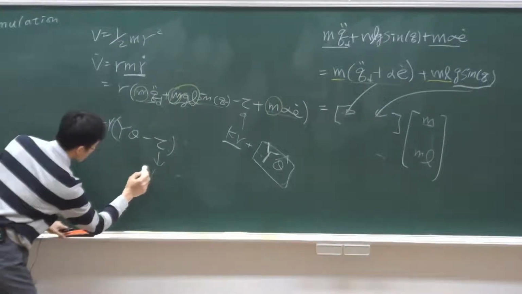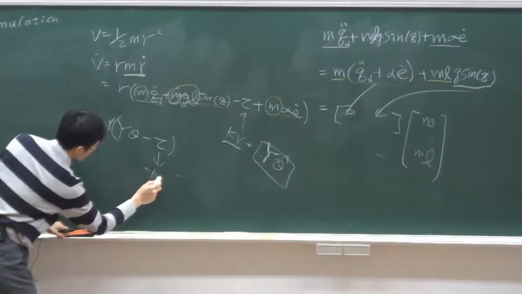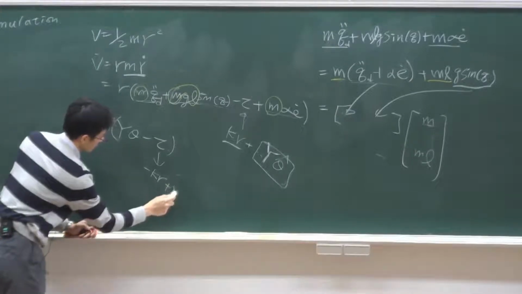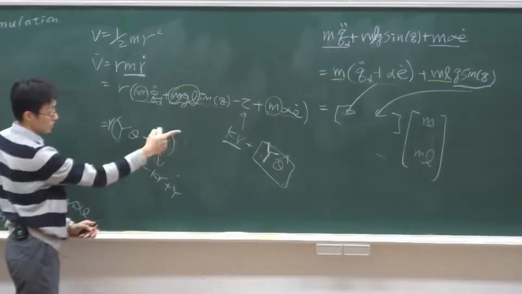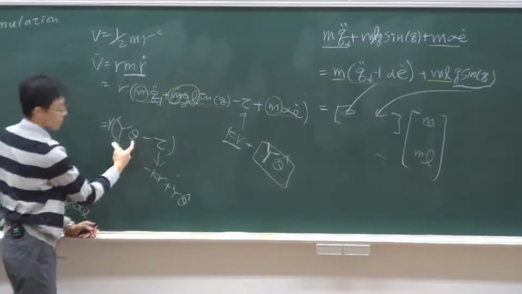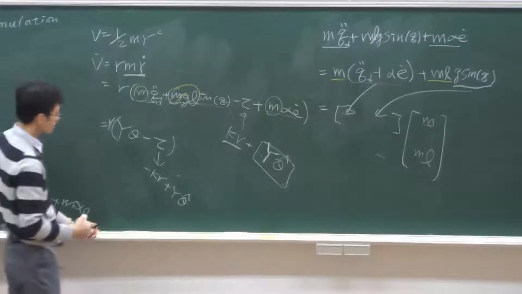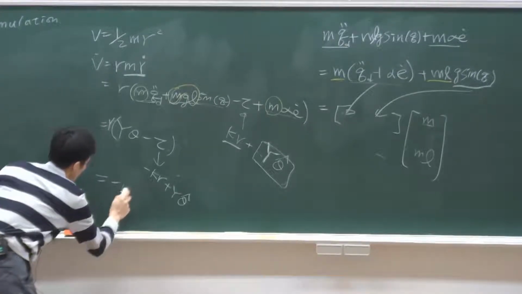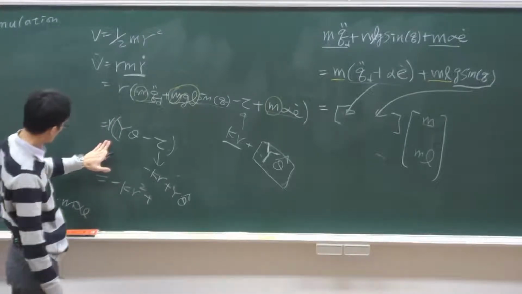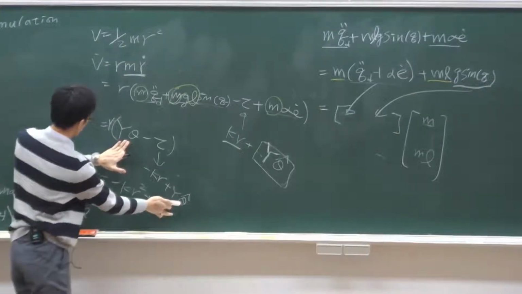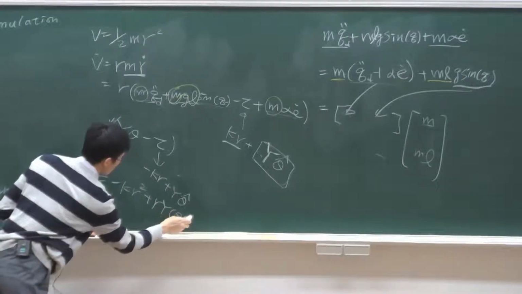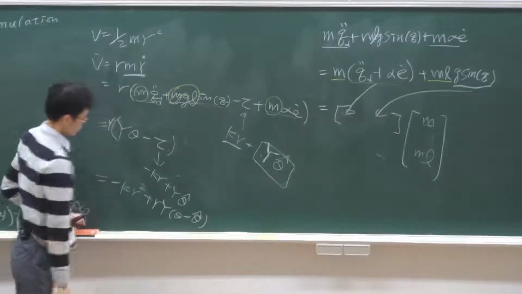So I can design a feedback term to create negative definite terms, and some terms which are known: Y is known, times some estimate of these unknown terms, okay? That gives me minus kr squared plus the difference of these two terms, right? So that's R Y theta minus theta hat.